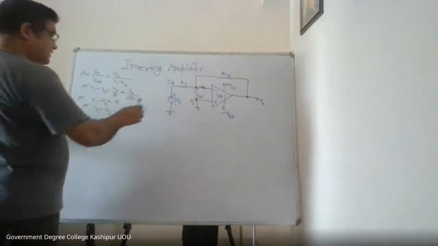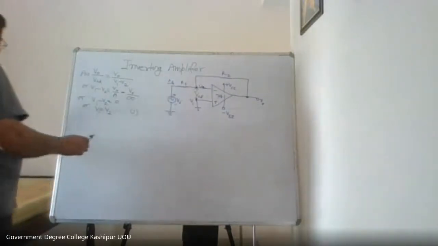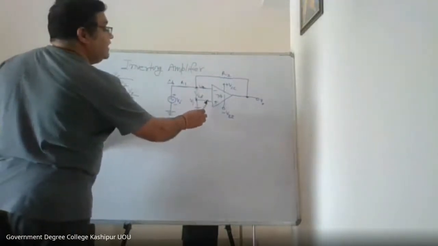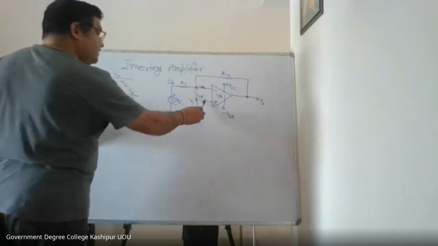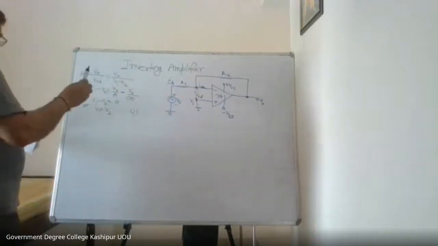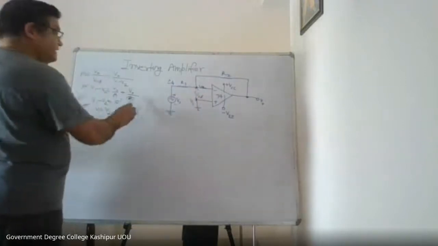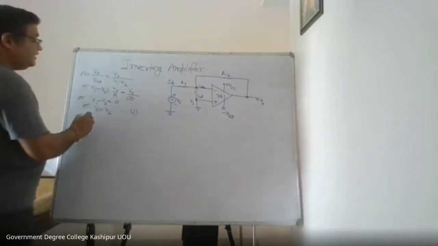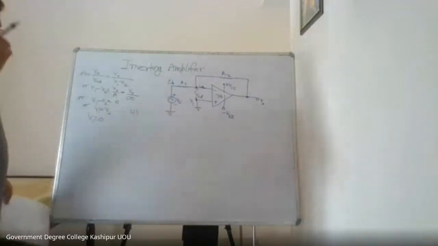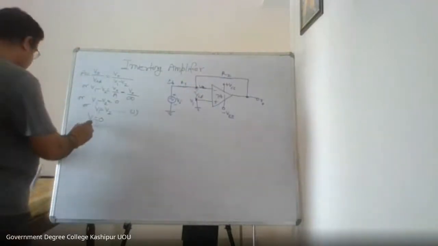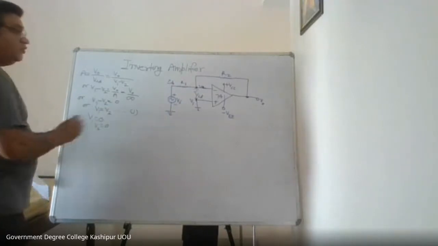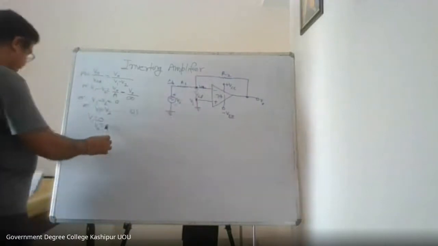A virtual short circuit means that whatever voltage is at the non-inverting terminal will automatically appear at the inverting terminal because of the infinite voltage gain. Since V1 is 0 because this is kept at earth, from equation 1 we can write V2 equals 0. V2 equal to 0 means a virtual ground.